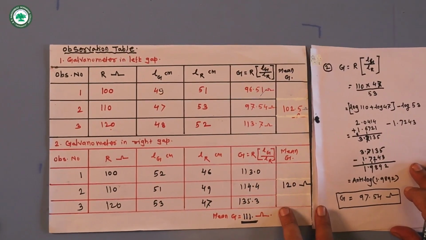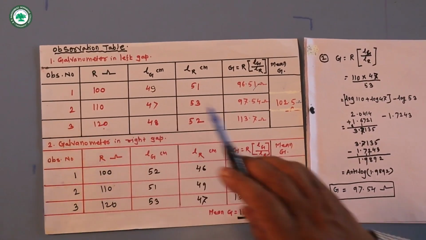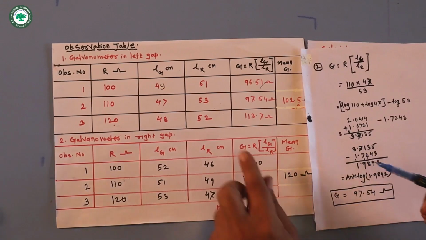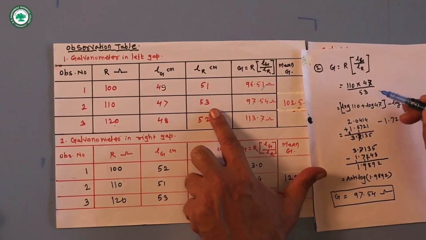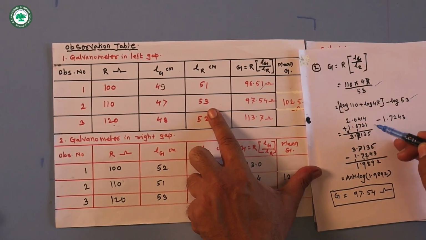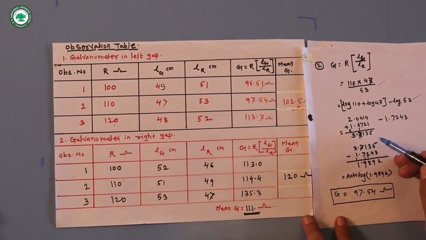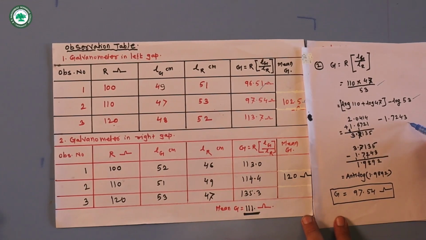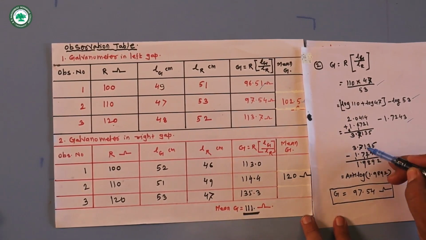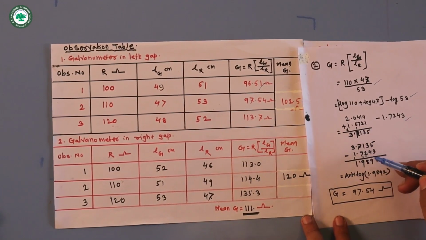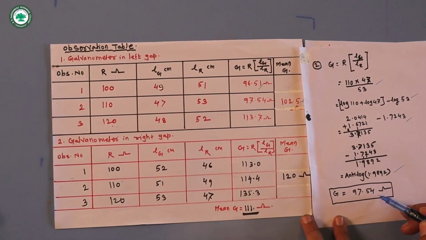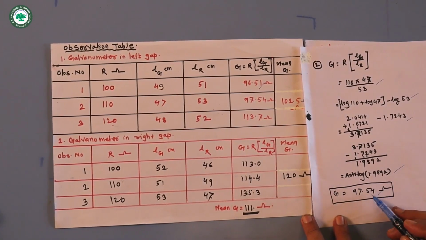Now see the second calculation for this one: 110 into 47 into 53. Now here convert it into logarithm. Find the values of logarithms for these 3 values, and get the direct addition of these two and subtraction, 1.9892, and the value of G is 97.54.